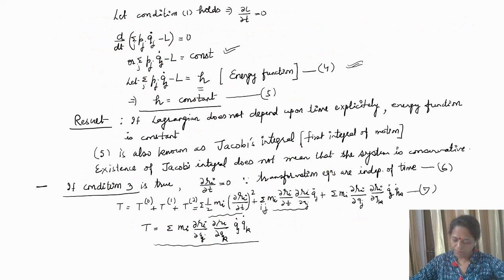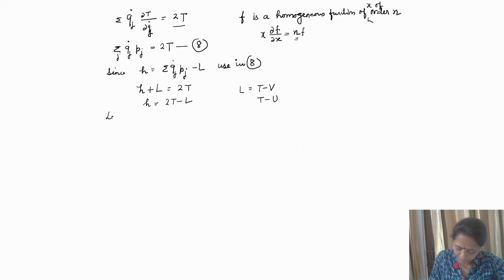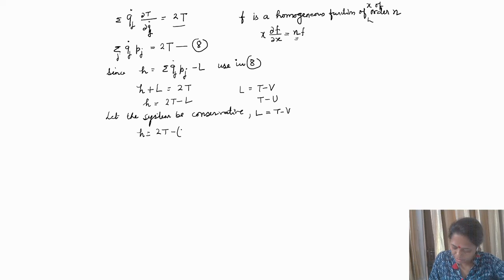So 2 is saying let the system be conservative. Then L is equal to T minus V. So H will be twice T minus T minus V, or it is T plus V. What is T plus V? T plus V is total energy.